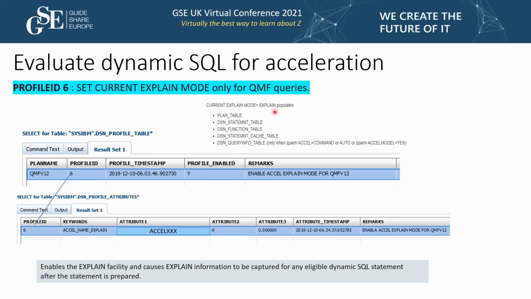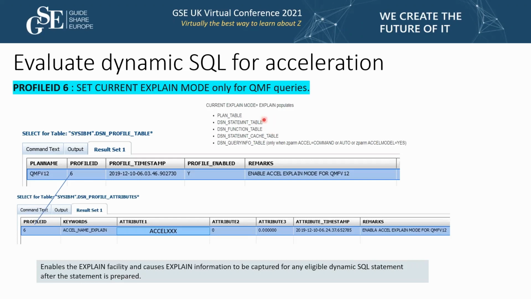This facility generates and inserts explain information into the explain table, but not only the explain table, but all the other tables that are part of the common explain feature, and causes explain information to be captured for any eligible dynamic SQL statement after the statement is prepared.